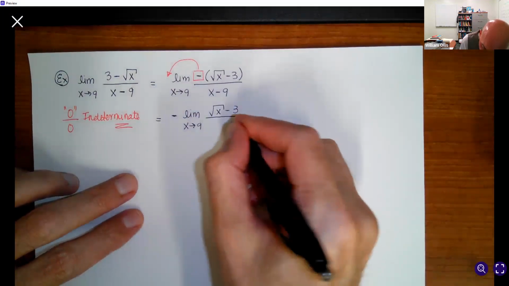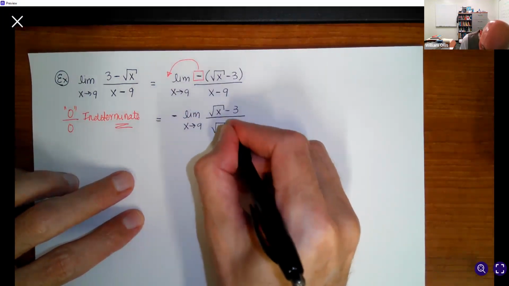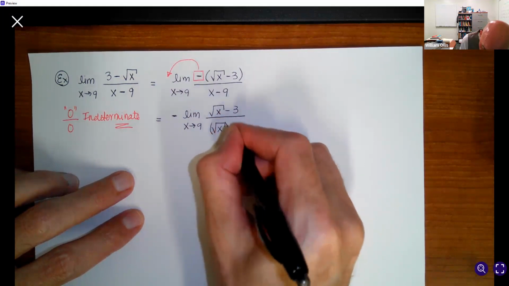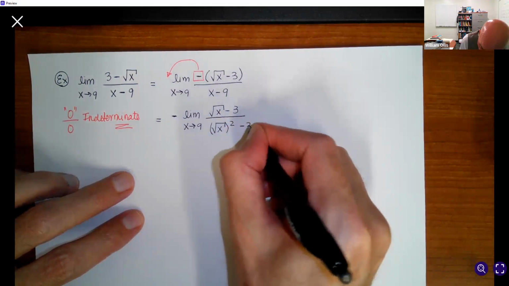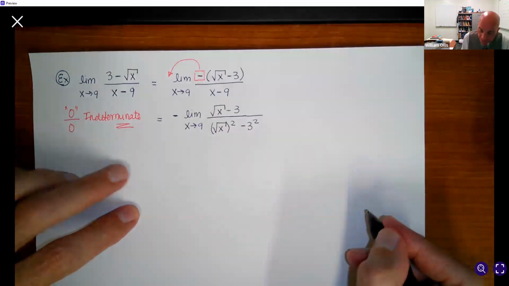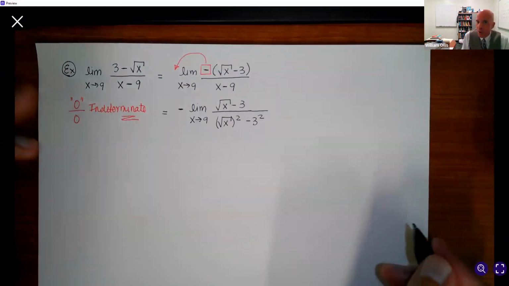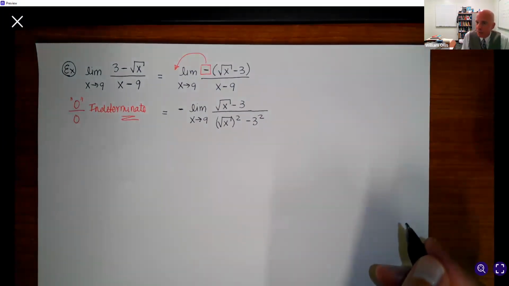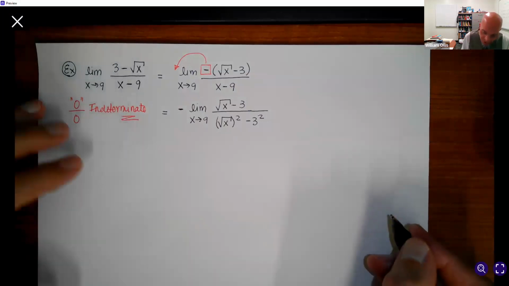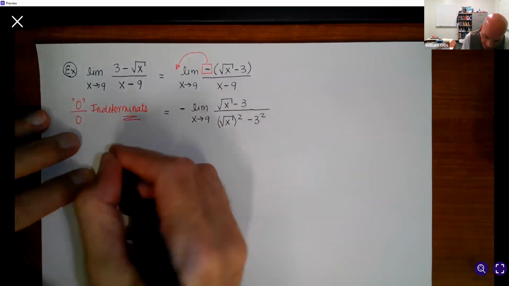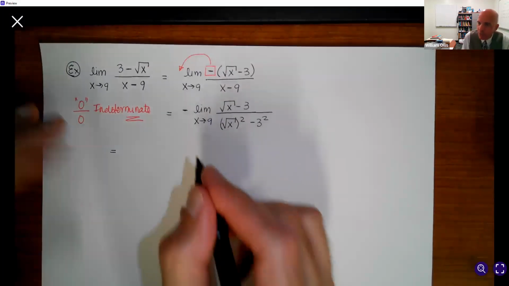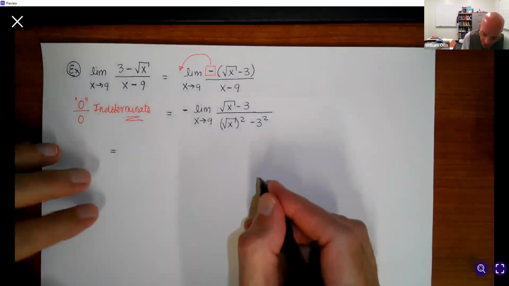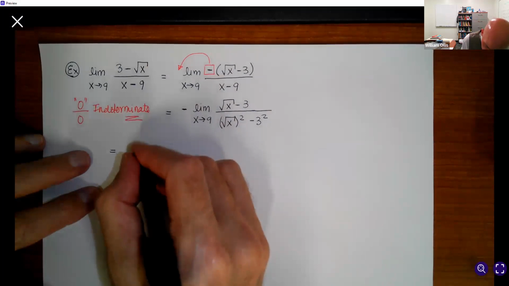And now downstairs, what we want to do is write x as the square root of x quantity squared and write 9 as 3 squared, okay? And you probably did something like this in your pre-calculus class, but unfortunately, by the time you get to the end, you've left a lot of the algebra behind because you're doing induction and the binomial theorem, and it starts to fade.